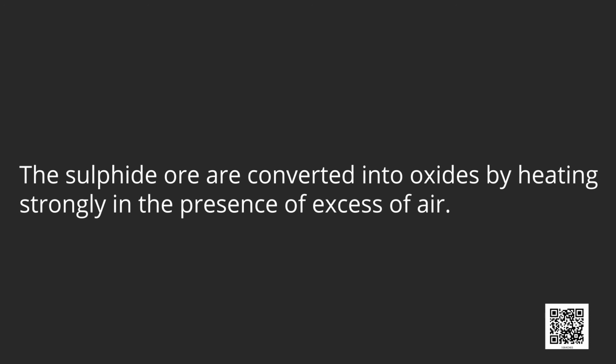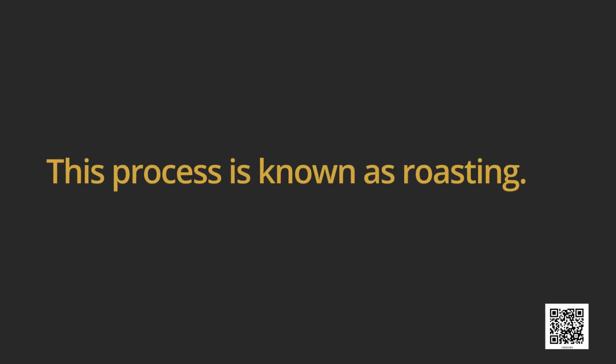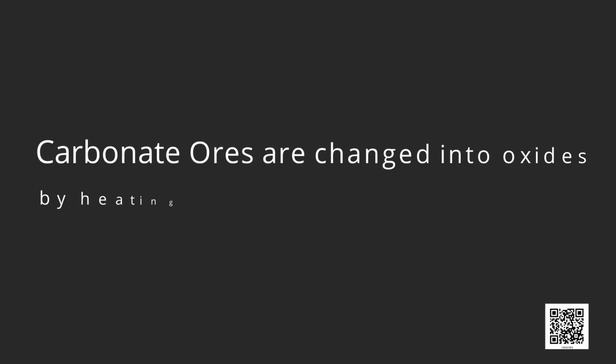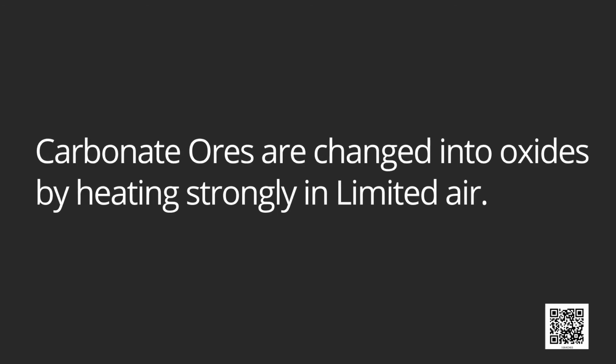These minerals are called ores. The process of extracting the metals from their ore is called extraction of metals. Extraction of metals is done on the basis of their reactivity.